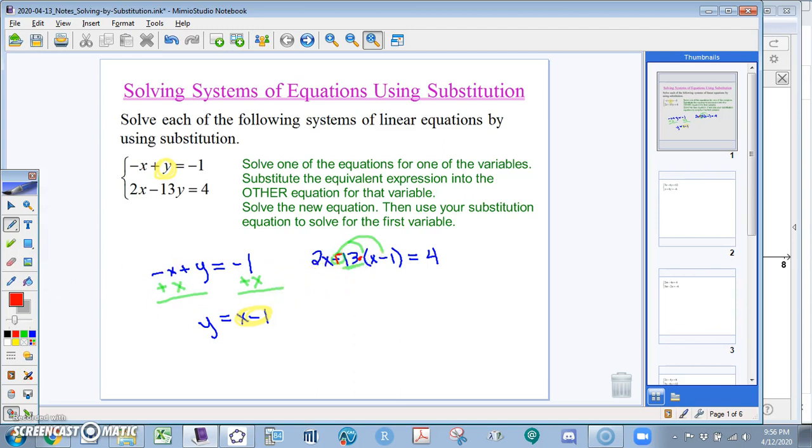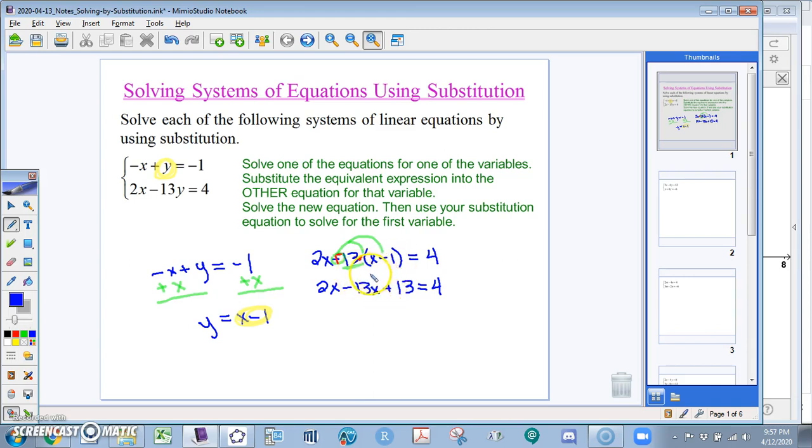We know the distributive property. So I get a 2x, and then a minus 13 times x is minus 13x. But then a minus 13 times a negative 1 is plus 13. So there's my first step, distribute with that expression.